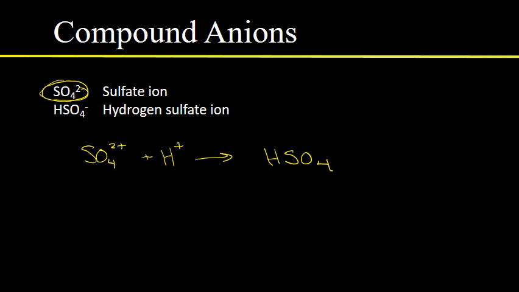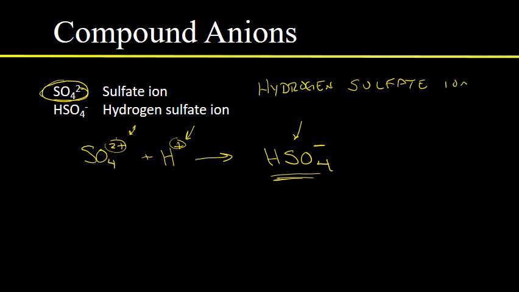And we combine these charges. The sulfate was a -2, the hydrogen is a +1, so the charge on this new ion here is going to be -1, right? It's just the sum of those two. And this ion here is called a hydrogen sulfate ion.